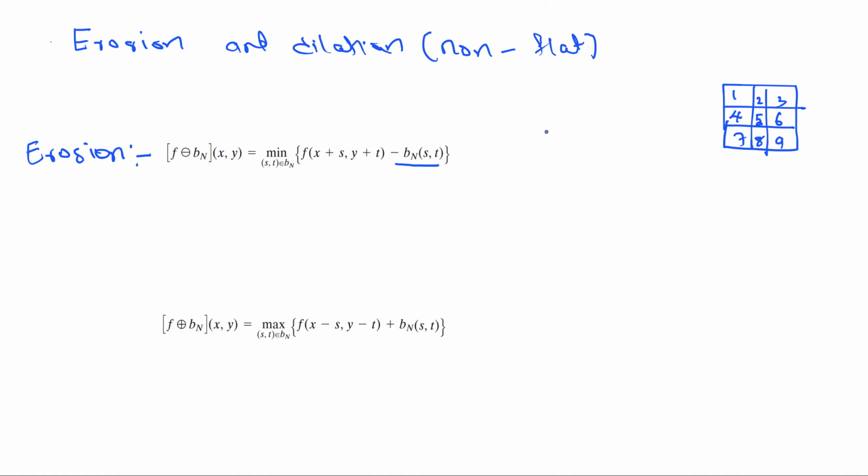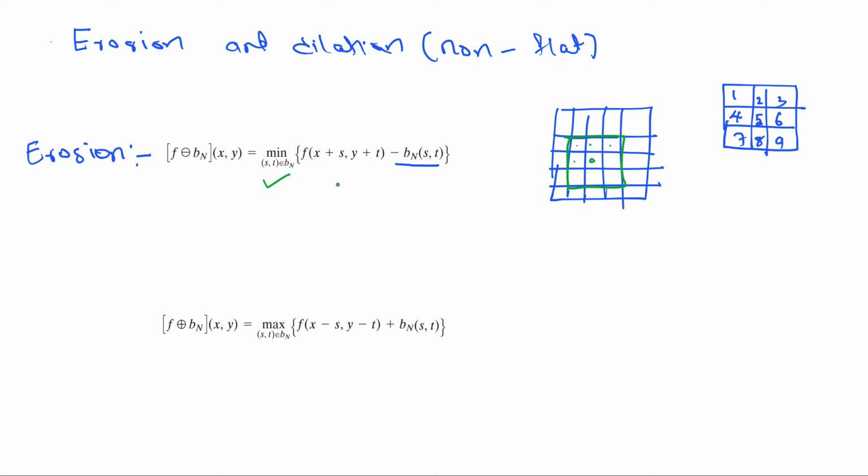So whenever you have an image, and when you overlap it over the image pixels, suppose that the center is at this point, you have to take each of the intensities in the original image and subtract these values from those intensities, then you find the minimum out of all those values in the neighborhood covered by the structuring element.